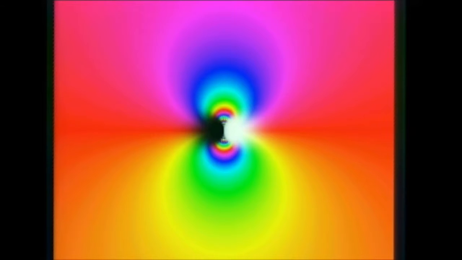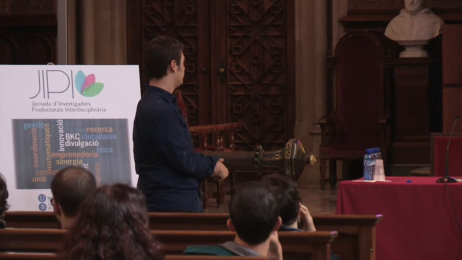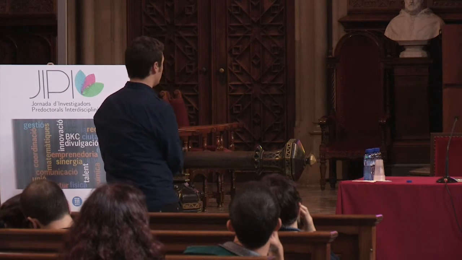This is the picture of what is an essential singularity. The point at infinity for the exponential is an essential singularity. This is exponential of 1 over z, which means that 0 is the singularity. And you can see that the colors here mean the modulus and the argument of f of z, right? f is exponential of 1 over z.